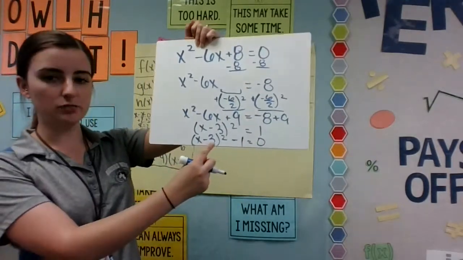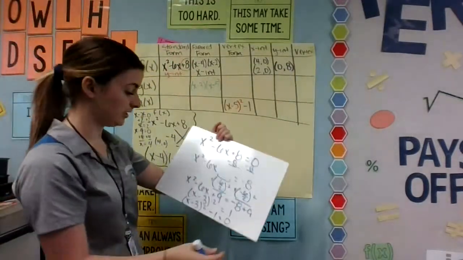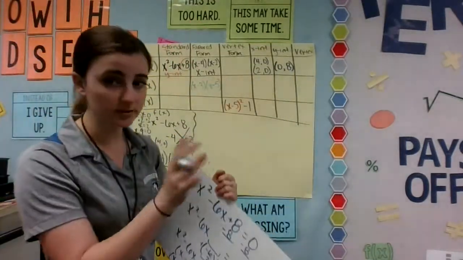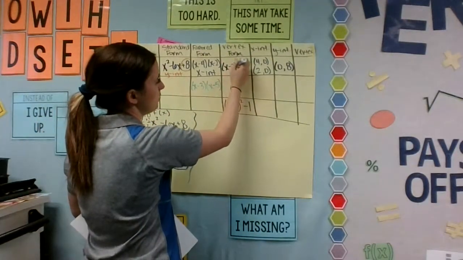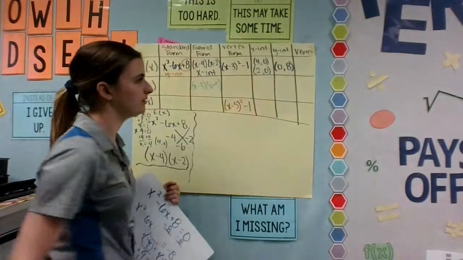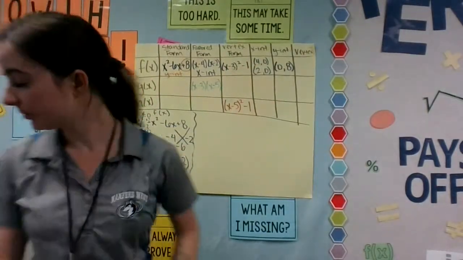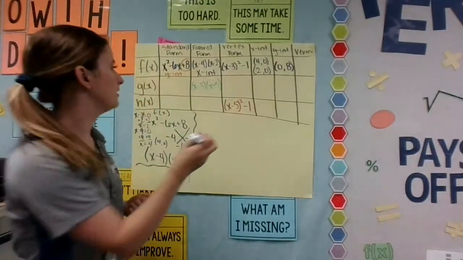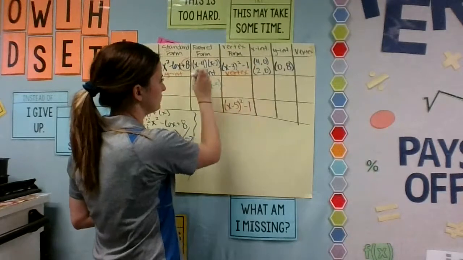So x minus 3 squared minus 1 is my vertex form. Okay, again, pause if I'm going too fast. Just pause the video and then you can get caught up. All right, so x minus 3 squared minus 1. That right there gives me the vertex, okay? So this guy here gives me the vertex. I should have written this guy.